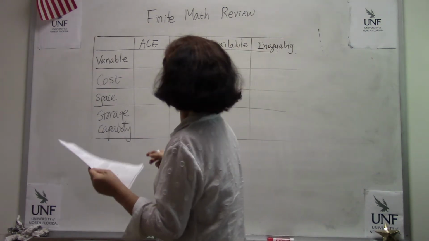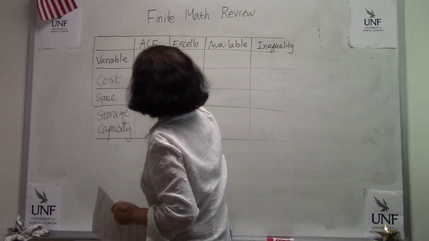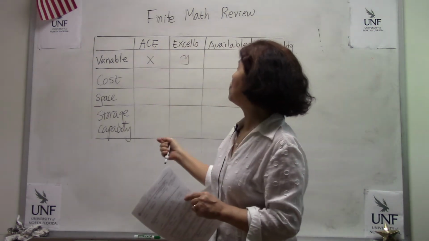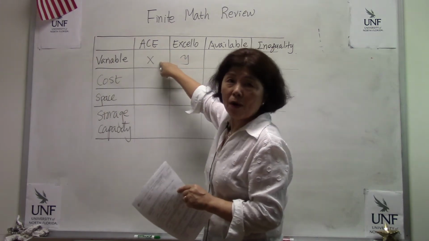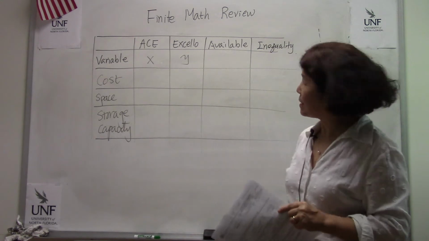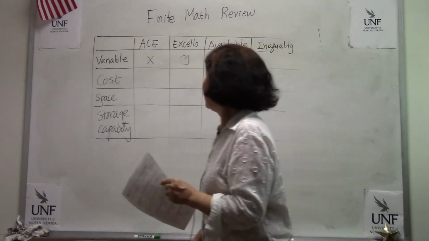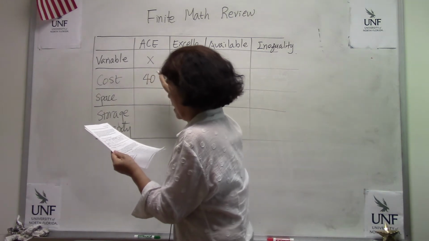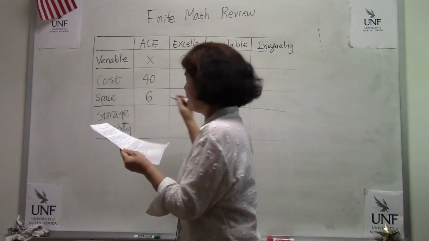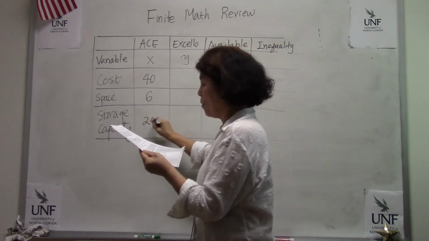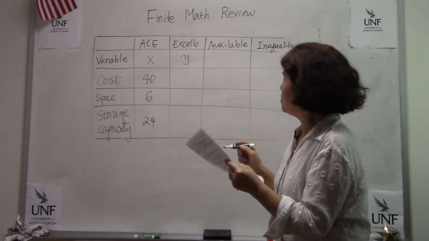I already gave you variable X and variable Y. That means the office manager will purchase X number of ACE type file cabinets and Y number of XLO type. The ACE costs $40, requires 6 square feet of space, and the storage capacity is 24 cubic feet.